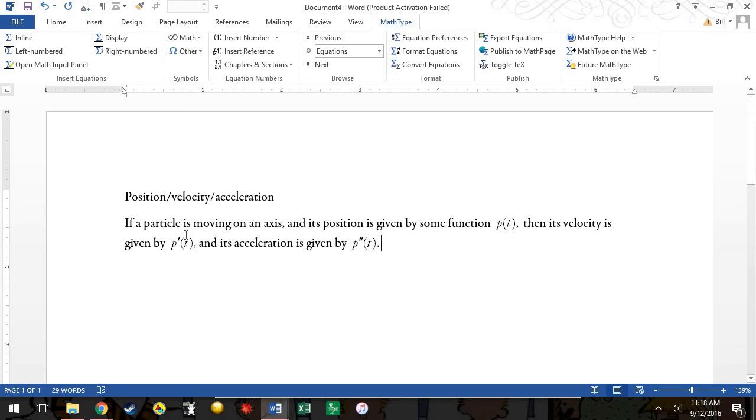It's how fast it's moving. The second derivative, the rate of change of velocity, is acceleration. So if you take the second derivative of position, you get acceleration. There are lots of applied problems around this. It's one of the most useful things you can use in a physics class, this position, velocity, acceleration relationship with the derivatives. And that is all.